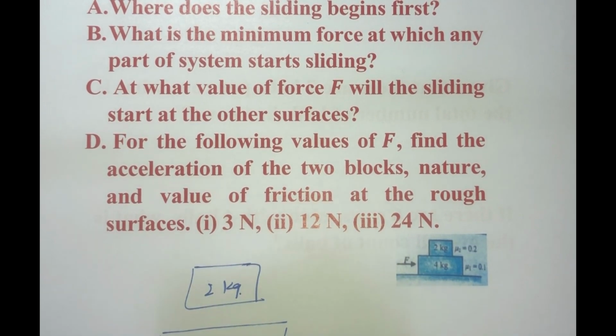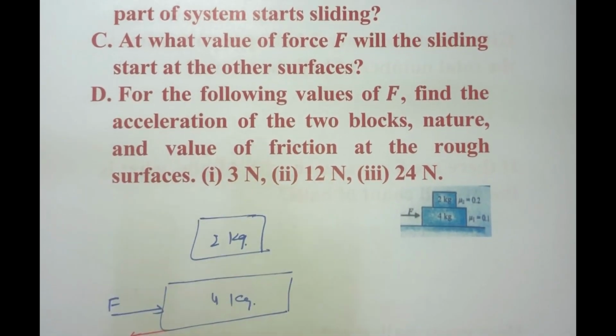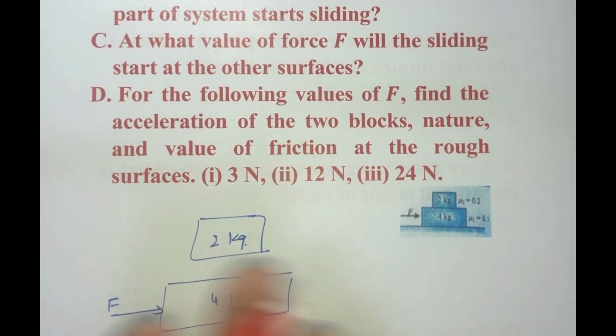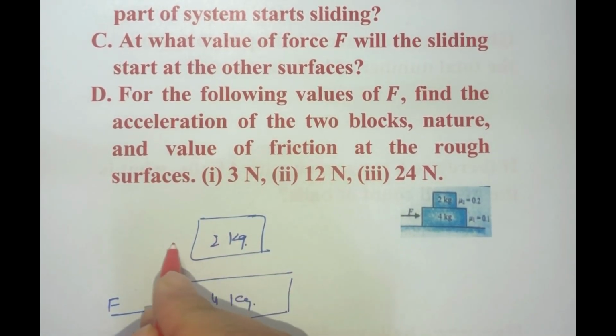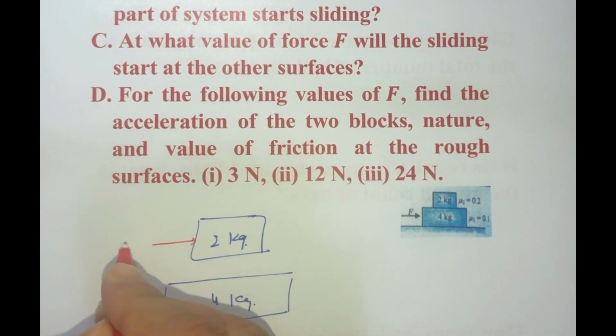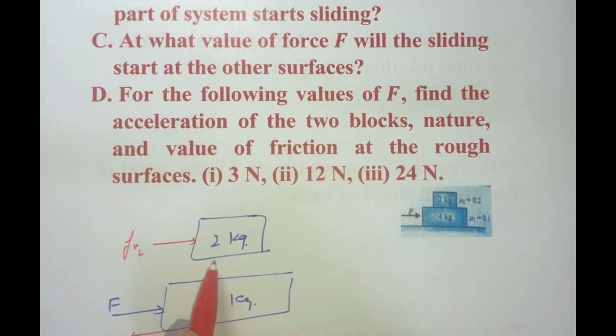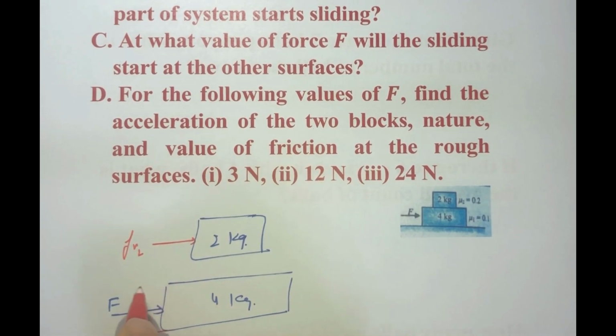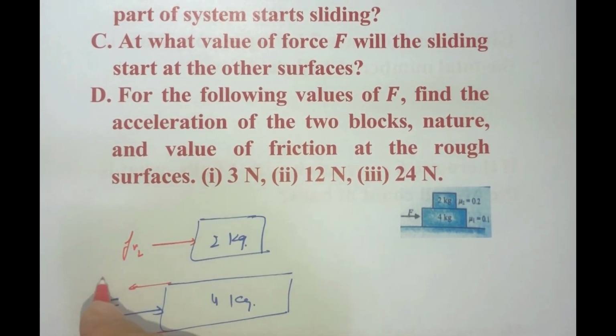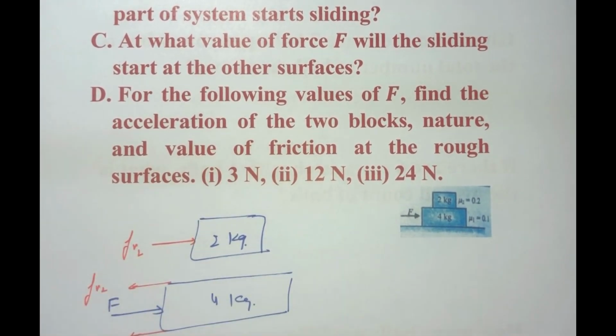Because of that, a frictional force, let us call that Fr1, will be acting on the 4 kg block. Now this applied force will try to move the 2 kg block along its direction. So there will be a friction force, let us call it Fr2, acting on the 2 kg block, and equal and opposite will be acting on the 4 kg block, that will also be Fr2.